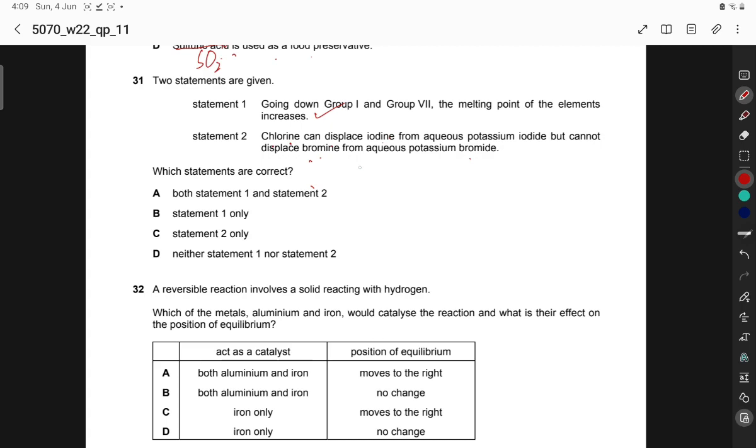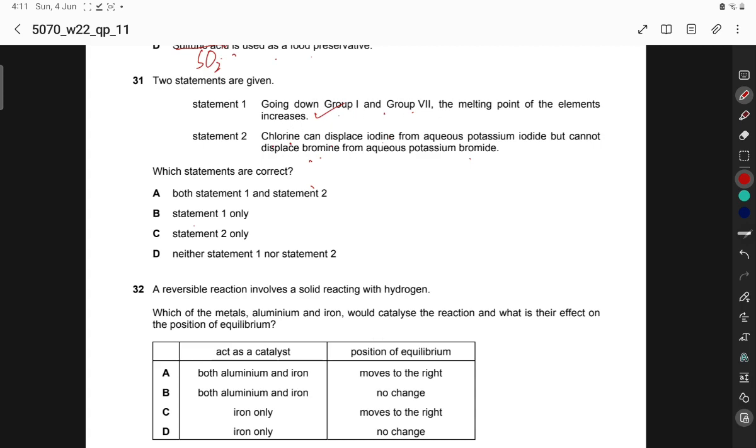Which statements are correct? Both statement 1 and statement 2, statement 1 only. Going down group 1 and group 7, the melting point of the elements increases.